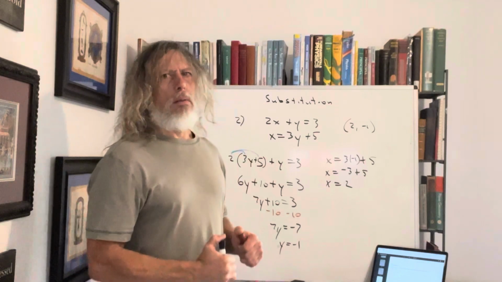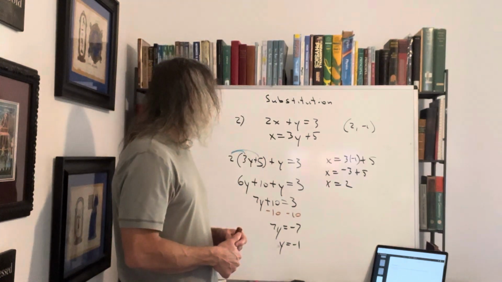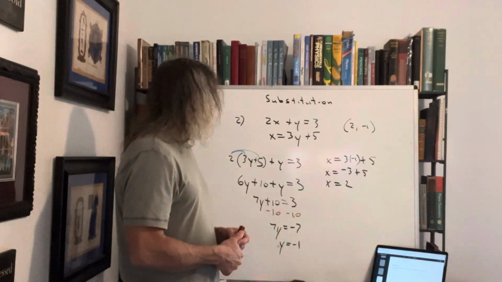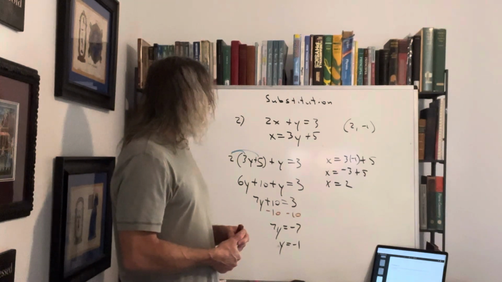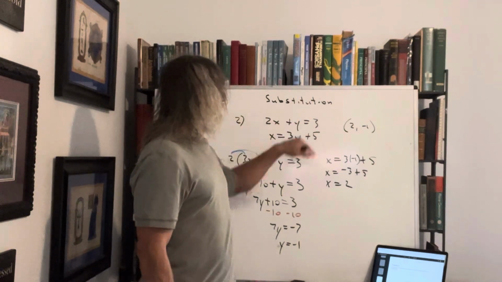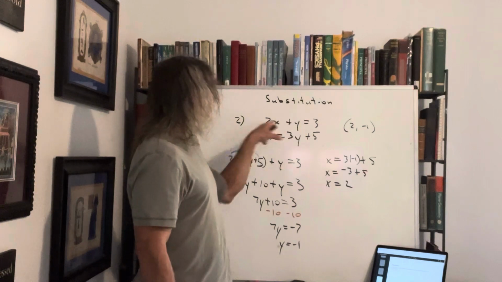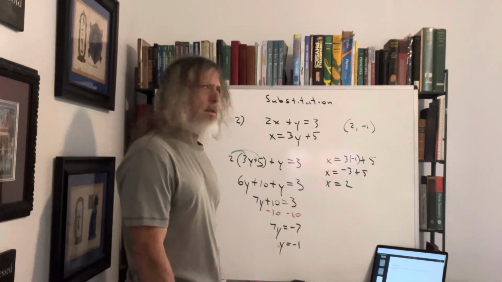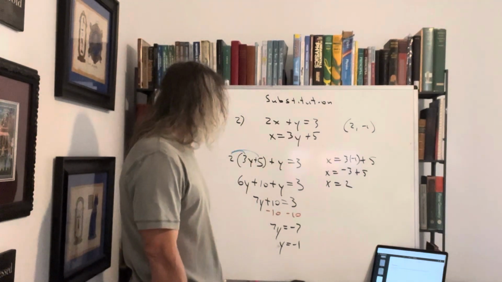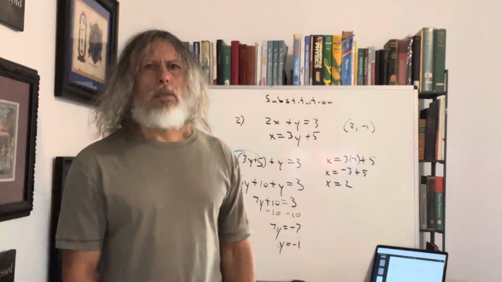Okay, so there is another example. And if we check our work, we see that they work out. Get these, put them in here, and we go to 3. Get these, put them in here, and each side will equal 2. And you can check that yourself. So that is how we do substitution.